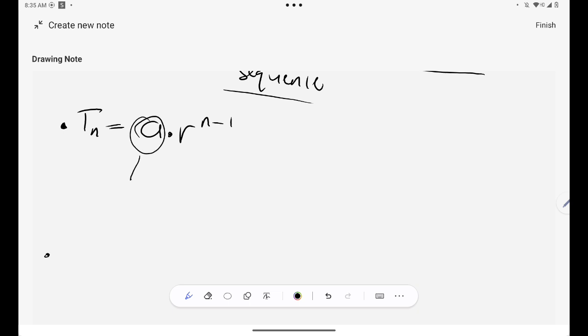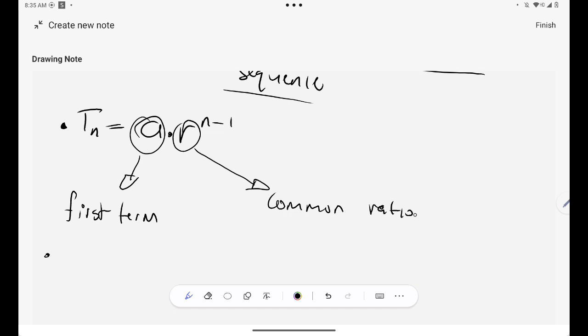Where a is your first term of the sequence, r is the common ratio, and then n, same thing applies here as it did in arithmetic sequence. N can give you two things.